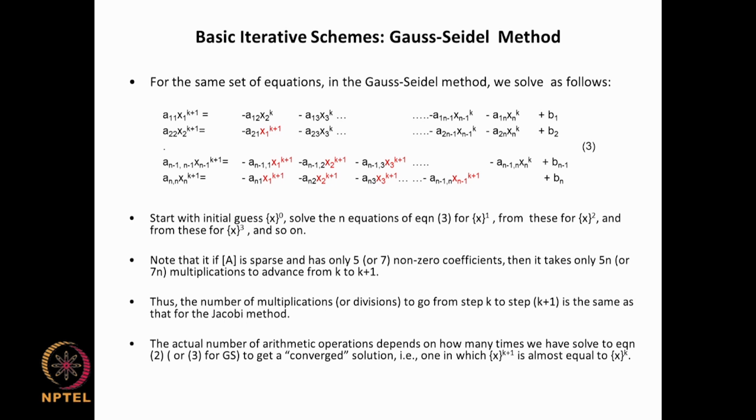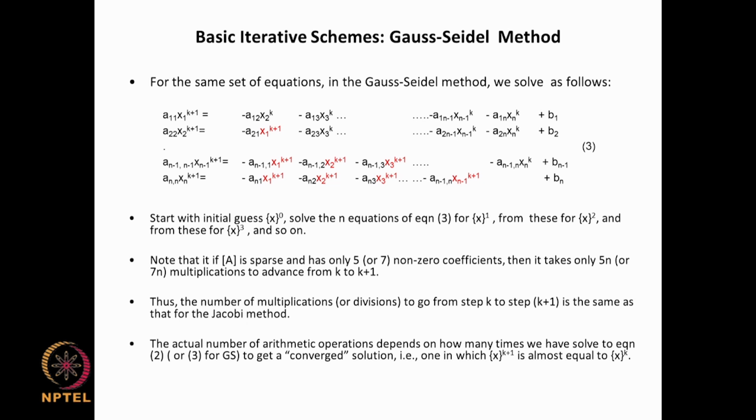One would immediately see the contrast between the two is that we are making use of the updated value as soon as it becomes available in the Gauss-Seidel method. So, one would intuitively feel that the Gauss-Seidel method should be better than the Jacobi method, which is true in many cases where we apply this, but there is one advantage of the Jacobi method as opposed to the Gauss-Seidel method, even though it is slower.